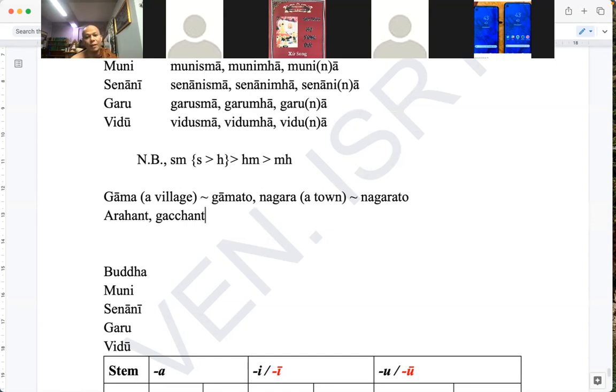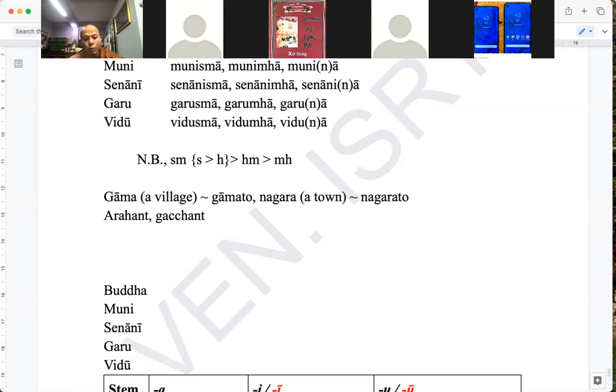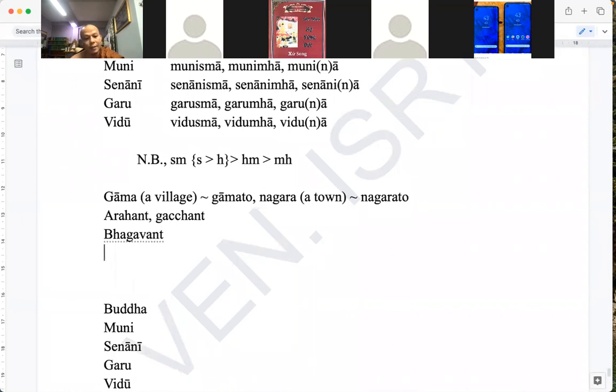Maybe you remember in Namo Tassa Bhagavato Arahato Sammasambuddhassa. Here Bhagavato also comes from Bhagavat, and Arahato also from Arahant. So Arahato, or the other one, Arahantassa, is dative or genitive case.